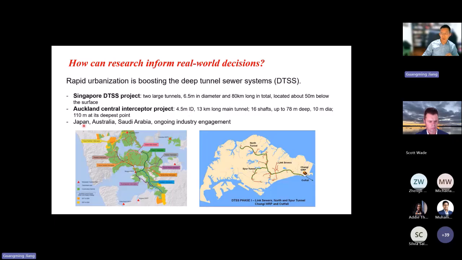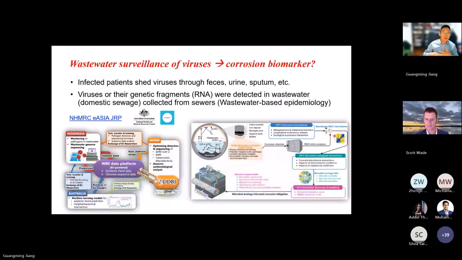Currently, we are still working with Japan and some other countries as well. So we still get some crazy ideas, but I guess more along with all the corrosion researchers' ideas.